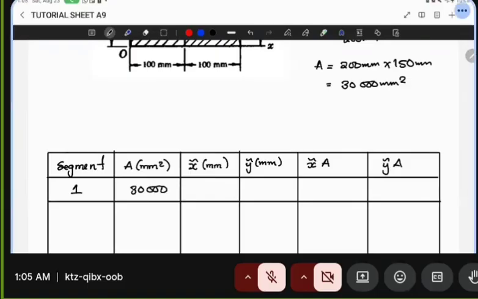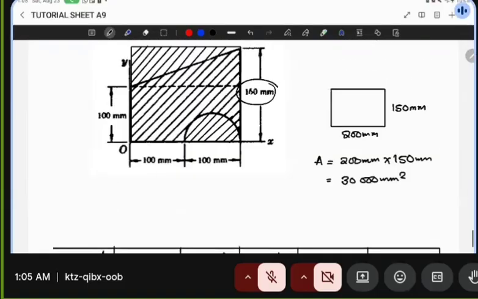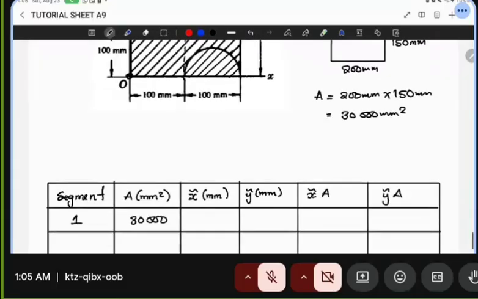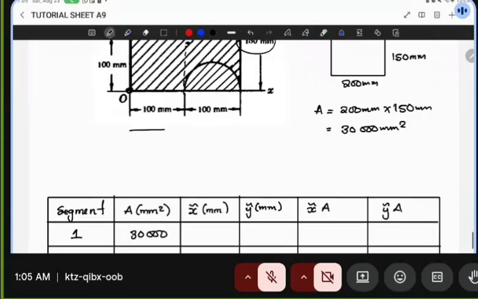Next, what will be its x-coordinate at its center? At its centralmost point, since the edge here is at 0, 0, we know the centroid will be exactly midway. It will be 100 from that 0, 0, and half of the 150 in the vertical axis. So the x part will be from here up to the centralmost point, which is 100.